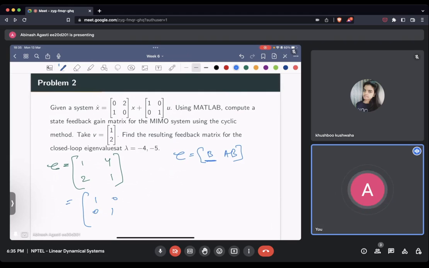Then AB I'll multiply, which will get me 0, 2, 1, 0, because B is identity. So is this clear?